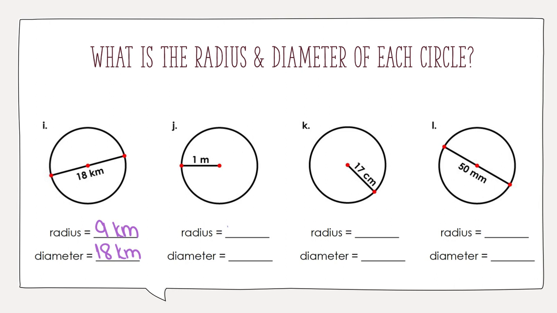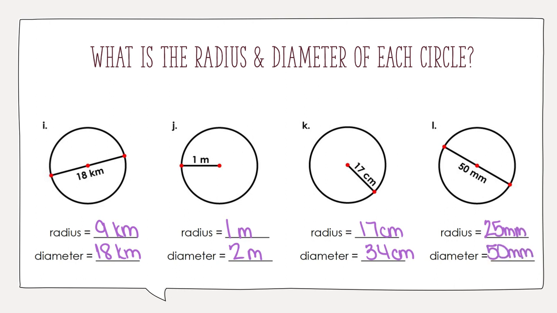The radius is 1 meter and diameter is 2 meters. Very good. All right, K. Radius and diameter. SJ. The radius is 17 centimeters, the diameter 34 centimeters. Very good. All right, L. Radius and diameter. Rian. 25 millimeters and 15 millimeters. Very good.